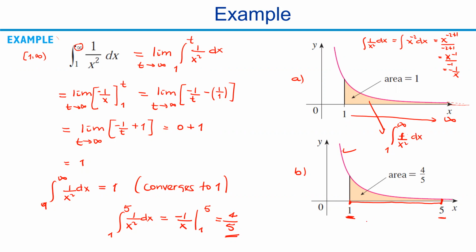Whereas the second one, this one, B, is what? It is simply the integration from 1 up to 5 of 1 over x squared dx. So this is a definite integral. Whereas this one is an improper integral. Hope you understand their difference and the technique of how we are going to manipulate it.